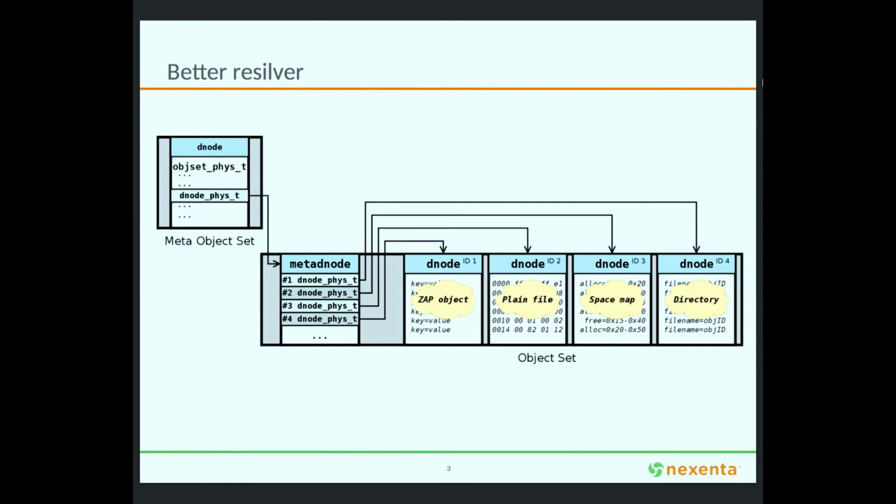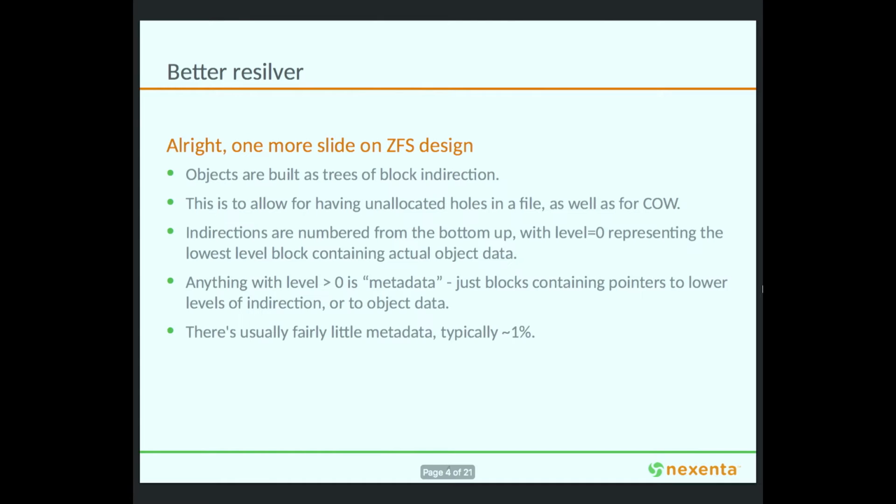It's a little bit of a simplified view, but you can view these dnodes as essentially your objects, and each of them has a specific data type and a specific piece of data and structure inside, and then we group these together into object sets. Actually, I'm going to use one more slide in order to describe what's going on.